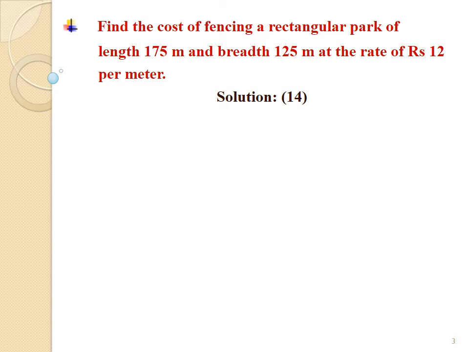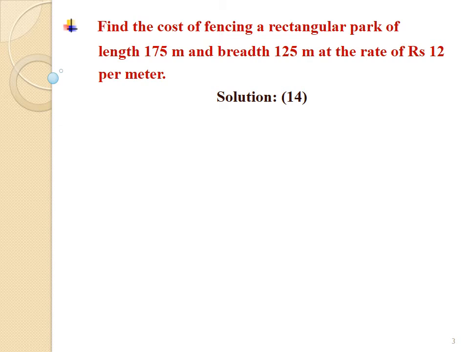In this question also, we first find the perimeter, and then we find the total cost by multiplying the given cost by the perimeter we obtained.